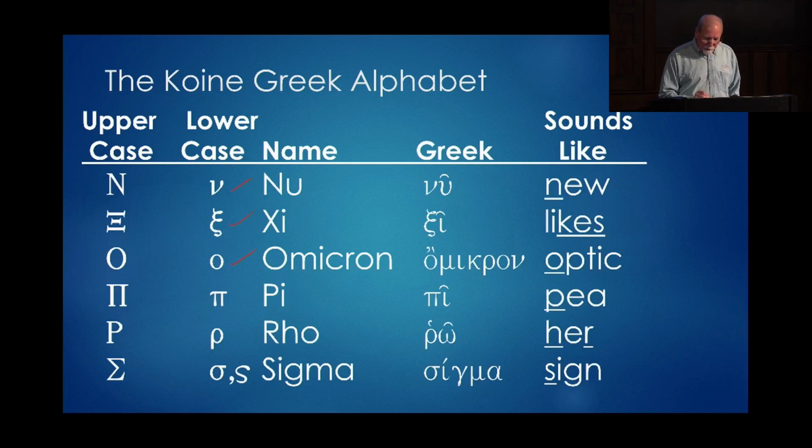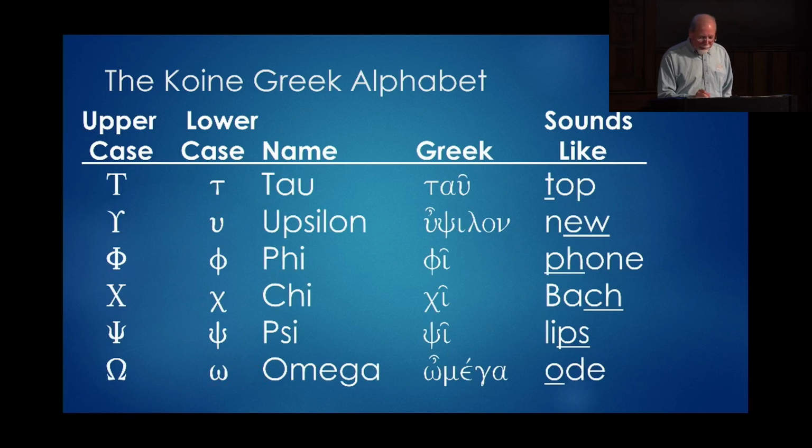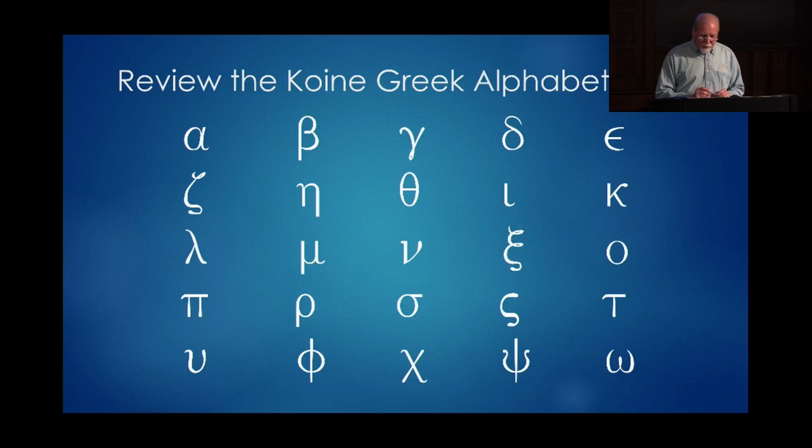Omicron. Pi. Rho. Sigma. There's the form for the beginning of the word and the middle of the word. This one is the end of the word. Okay, so it's what they call a final form. Tau. Upsilon. Phi. Chi. Psi. Omega. All right, let's try it again without the words.